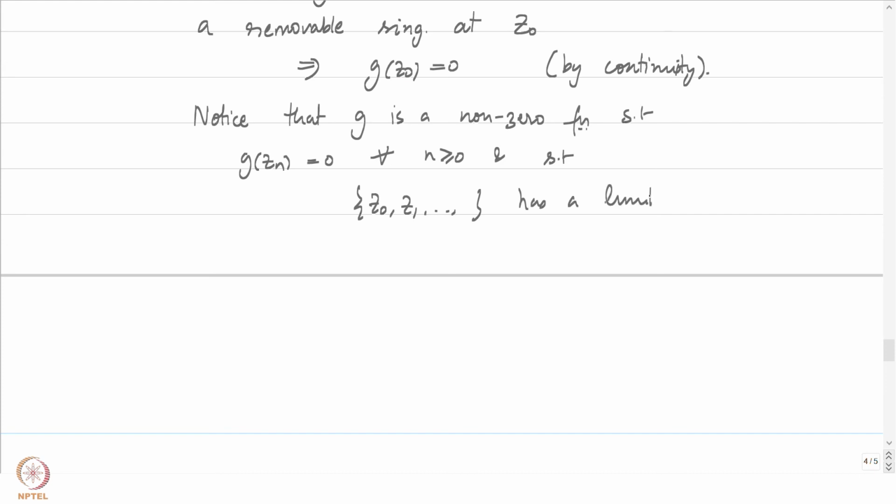That's a contradiction to the identity theorem, or the statement that the zeros of a non-zero holomorphic function are discrete, are isolated. Let me just write that it's a contradiction to the identity theorem.